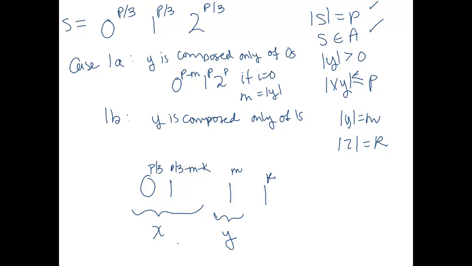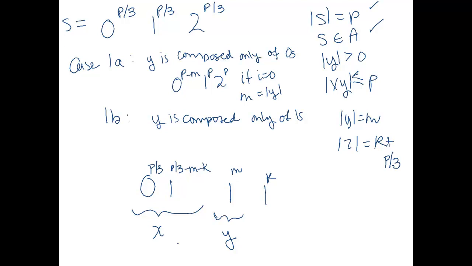Oh, is that what I meant? You know what? I'm actually saying something that's not what I mean. What I actually mean is this. Okay, what I meant to say was that the number of ones in z is k. That's what I meant to say.